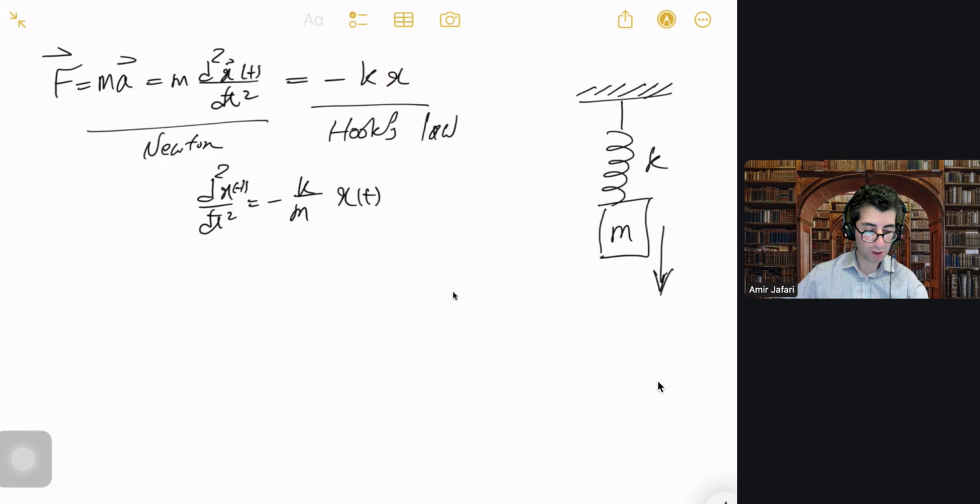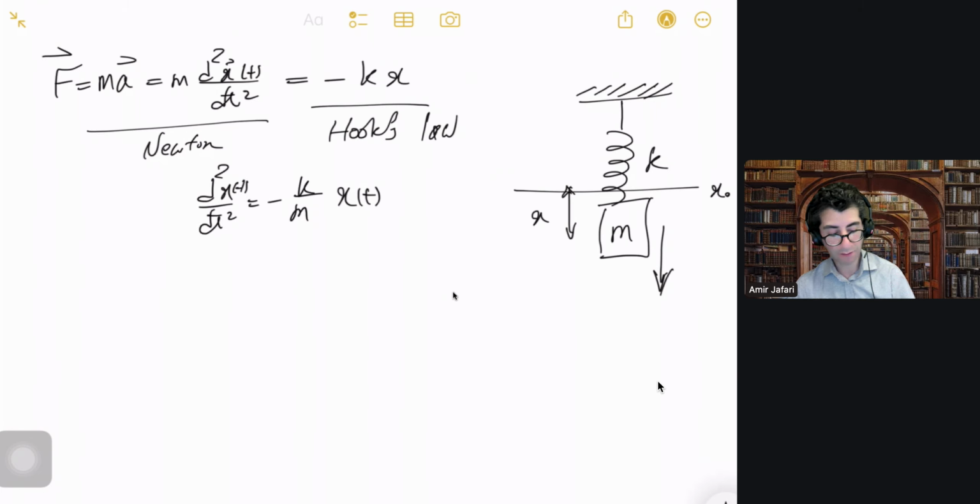This is the position of this mass, measured from the equilibrium point, where if you put the mass in the equilibrium state, there is not going to be any force exerted on that mass. Then, as a differential equation, this is an ordinary differential equation of second order because you have a second derivative in it.